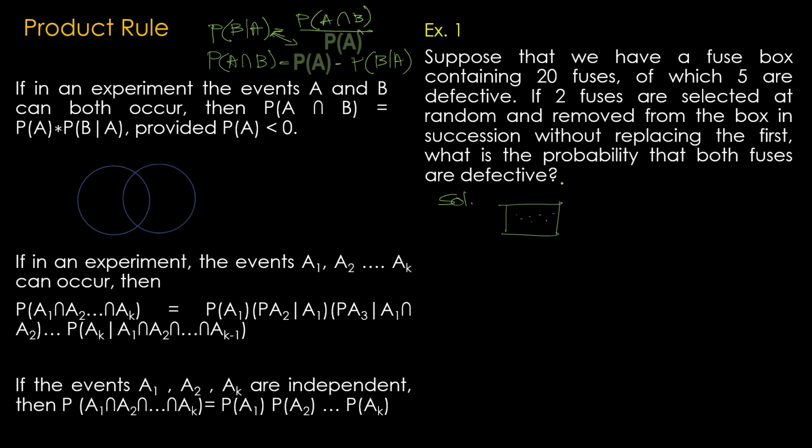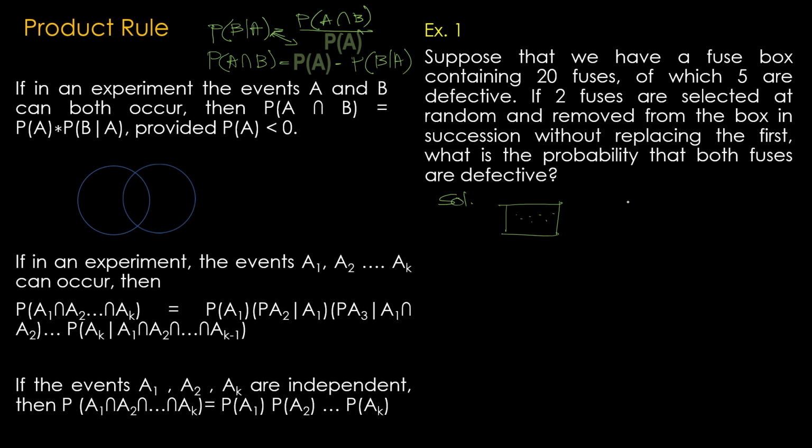We are to remove 2 in succession, meaning magkasunod, without replacing, meaning hindi natin ibabalik or hindi natin dadagdagan yung nasa box. We are asked to find the probability that both fuses are defective. Baga, the first draw is defective, and the second draw is defective.